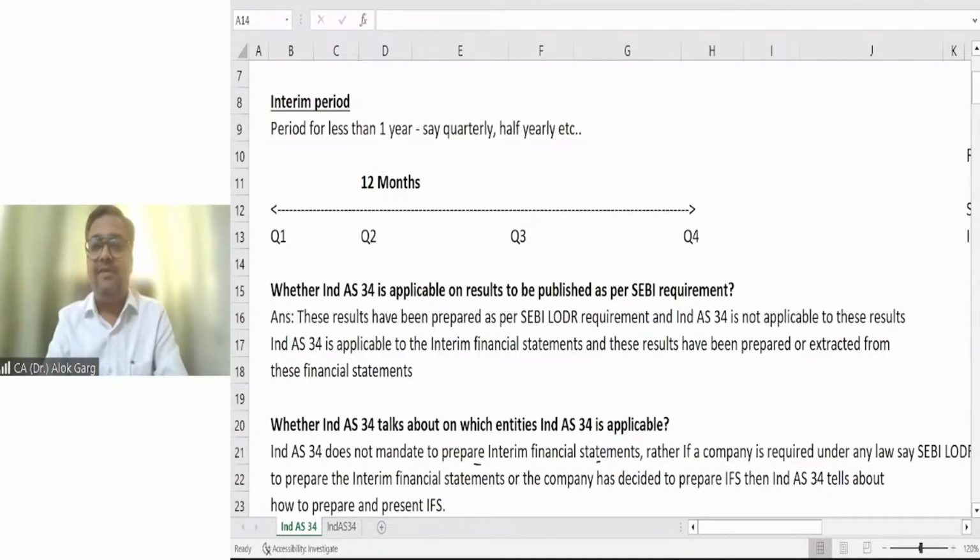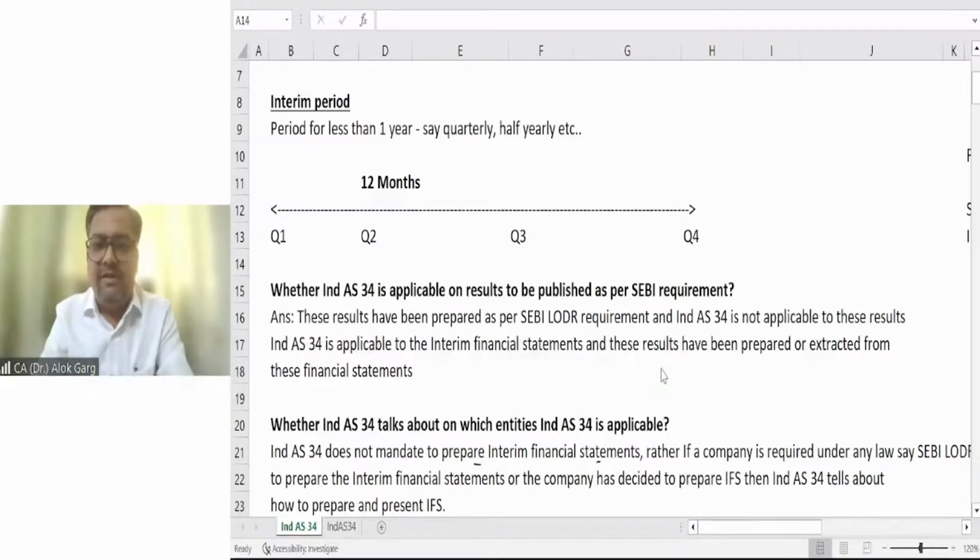Otherwise, these interim financial statements are also actual financial statements, right? Is that clear? Even the balance sheet and cash flow need to be filed on a half yearly basis as per SEBI regulations. So the numbers become frozen.